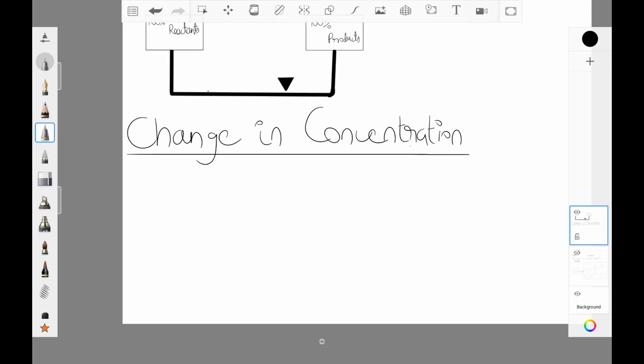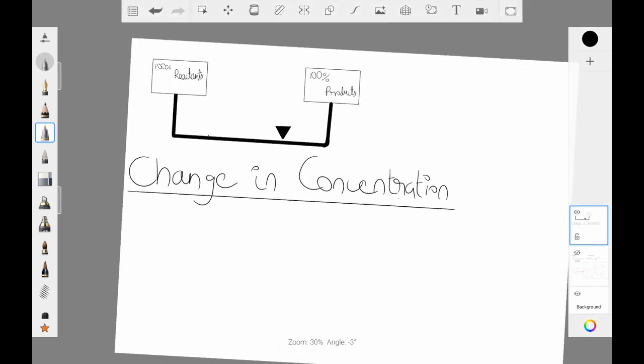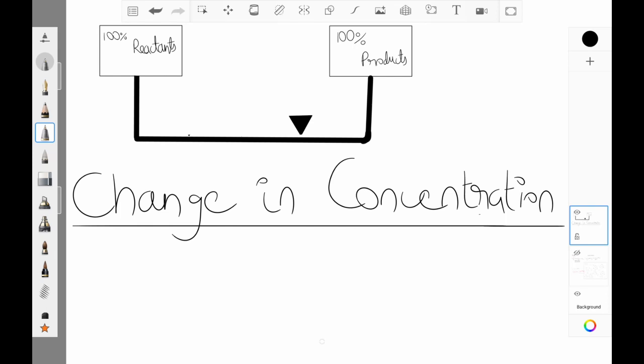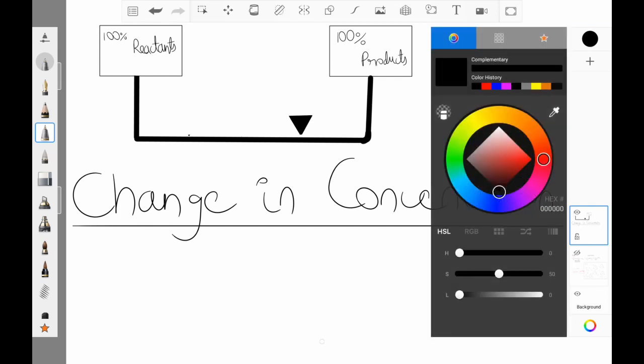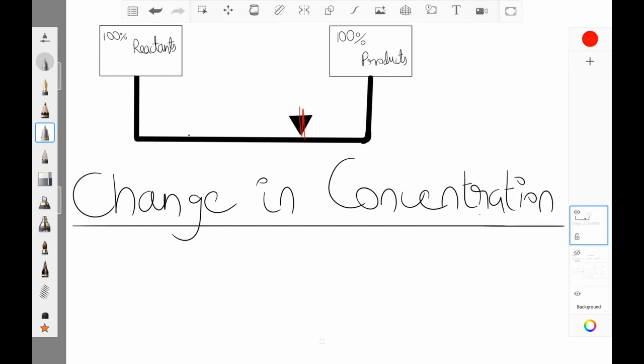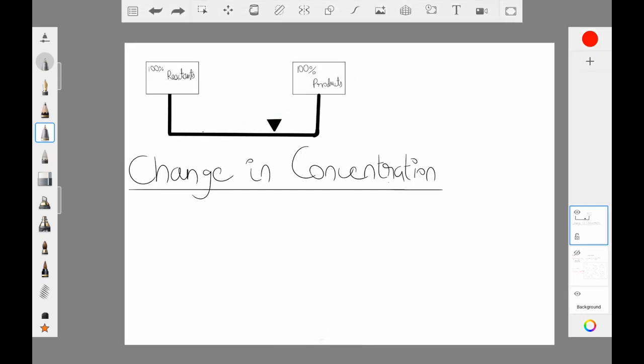And so by reducing the concentration of the ammonia, I'm increasing the yield as shown here. It's going to shift to the right. That's what a decrease in the concentration of the ammonia does.